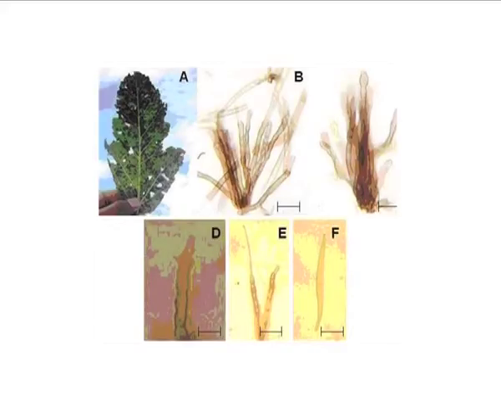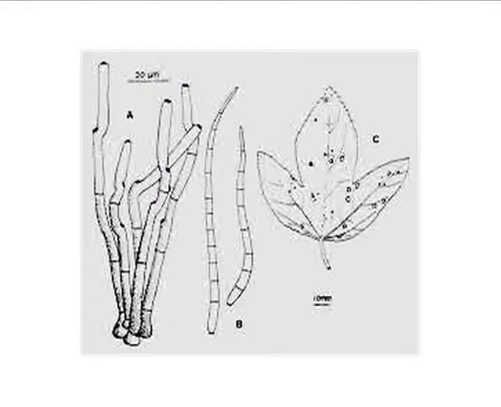Now coming to the character of this pathogen. The disease is caused by 3 species of Cercospora: Cercospora abelmoschi, Cercospora hibisci, and Cercospora malayensis. These species differ in their size of conidiophores and conidia.